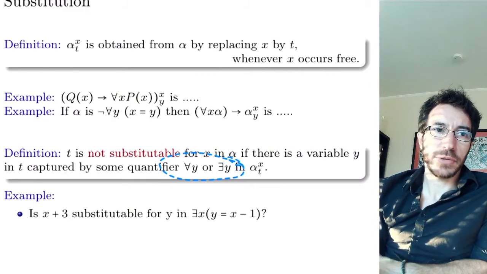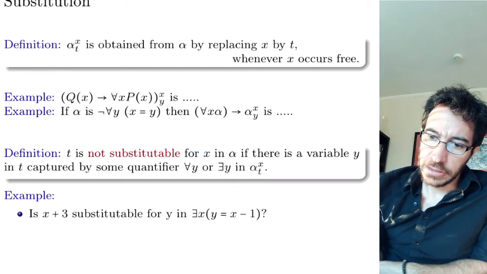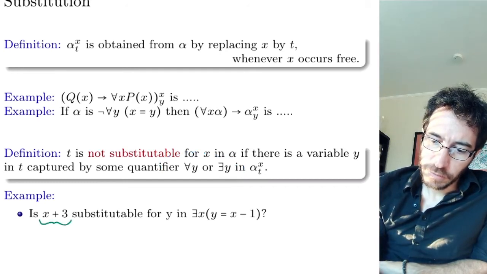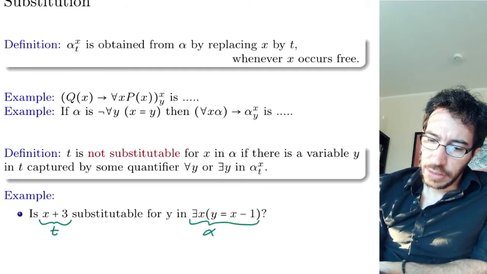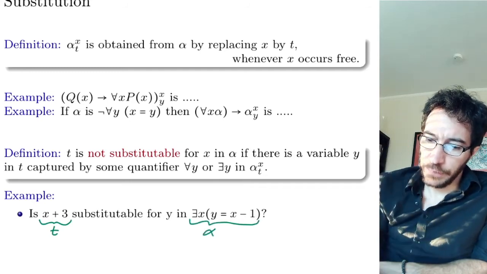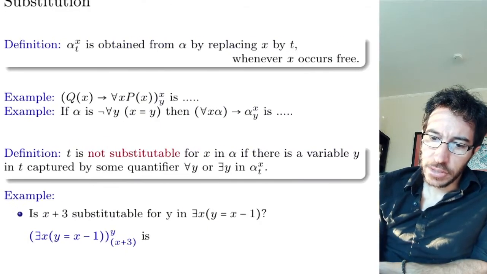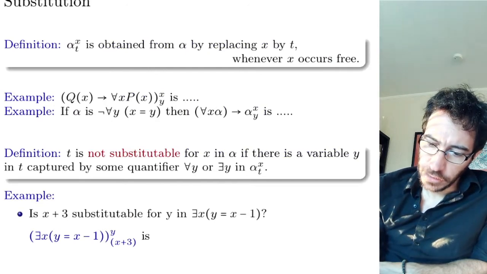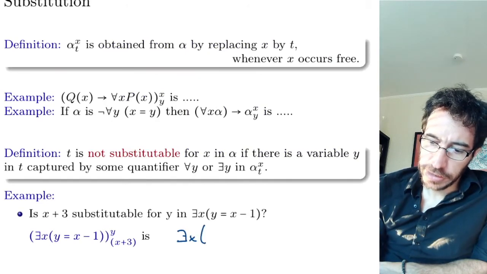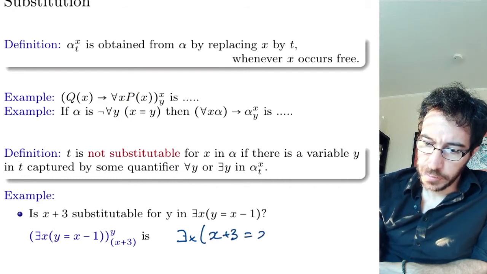So let's look at a couple examples. First, here is our term t, and this is formula alpha, and we want to substitute t for y. So let's see what the substitution is. If you do the substitution, we are going to get there exists an x such that, and now the y is substituted by x plus 3 equals x plus 1.